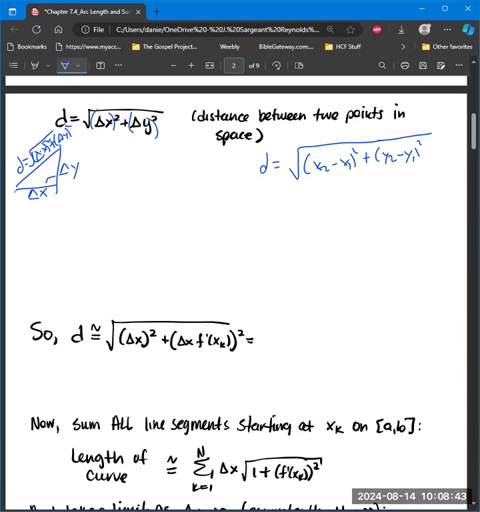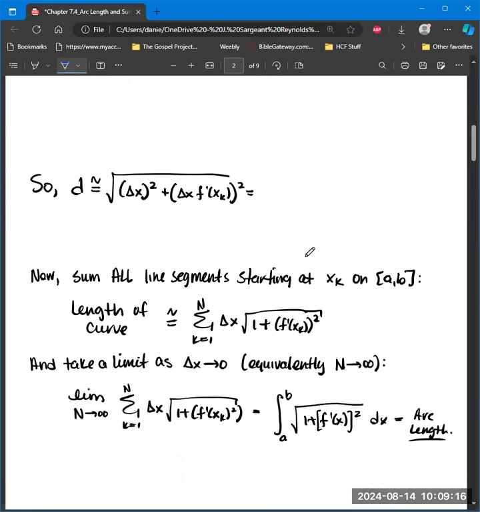So because of that, the distance is going to be approximately equal to, and we know how to approximate delta y from linearization, delta x squared plus, and then we can replace delta y with delta x times f prime of x, squared.